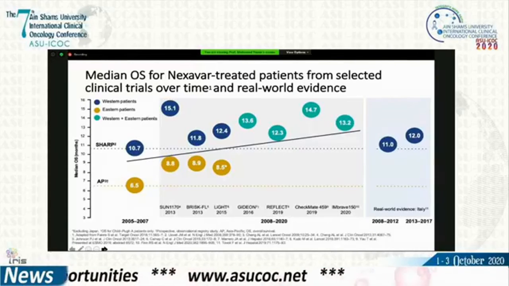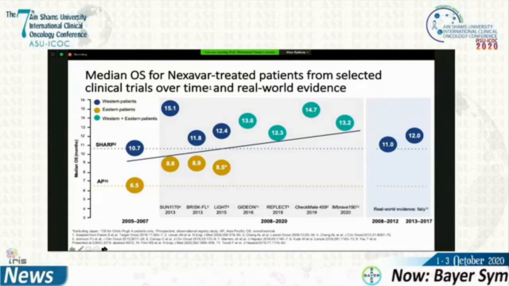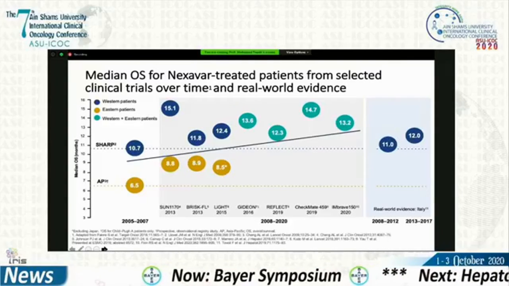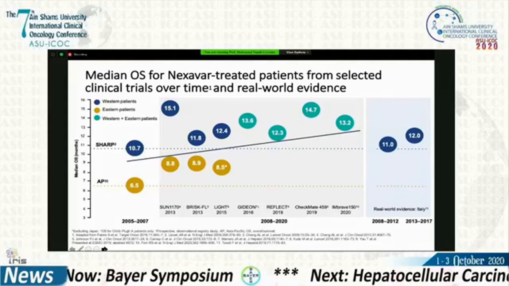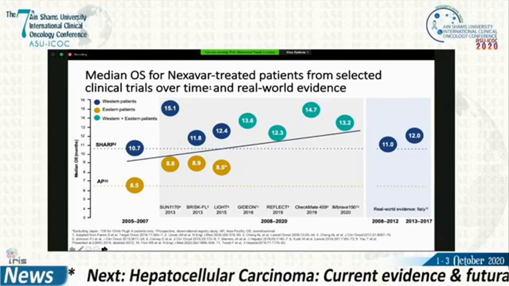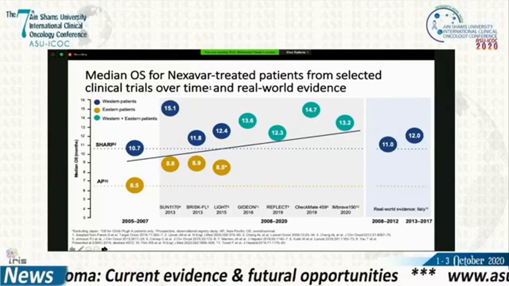And the more trials we do with sorafenib, the more we are getting experience with the adverse effects of sorafenib, and the more results we get with sorafenib. As we see here from several trials, recently CheckMate 459, the overall survival with sorafenib was 14.7 versus 16.4 for nivolumab.